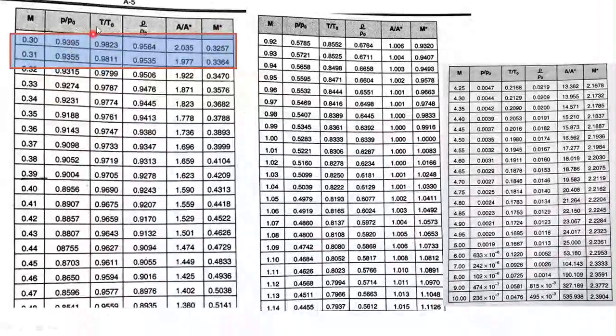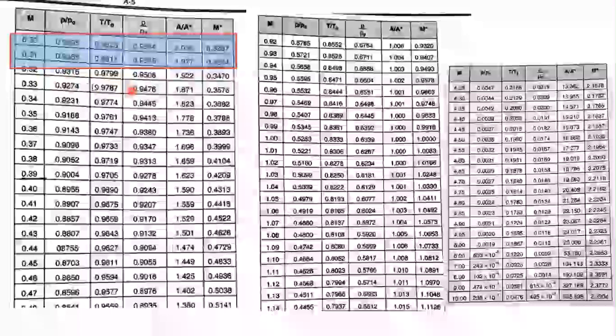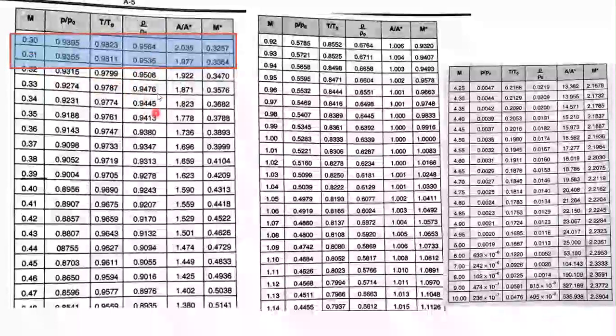So here you can see the various values of property ratios. If you know the Mach number, you can find out the property ratio. And if you know the value of the property ratio, then you can go back and find out the Mach number. So this is how we will use this isentropic table.